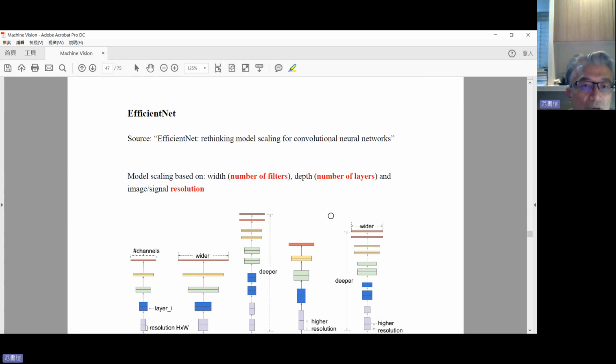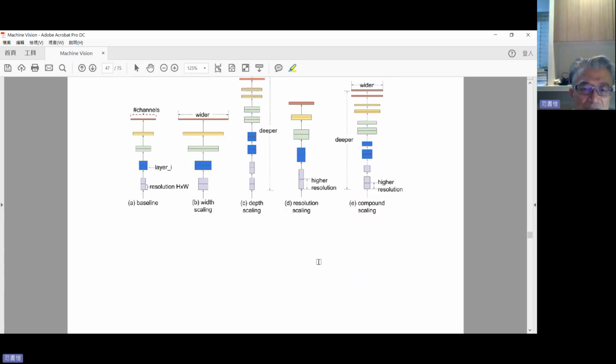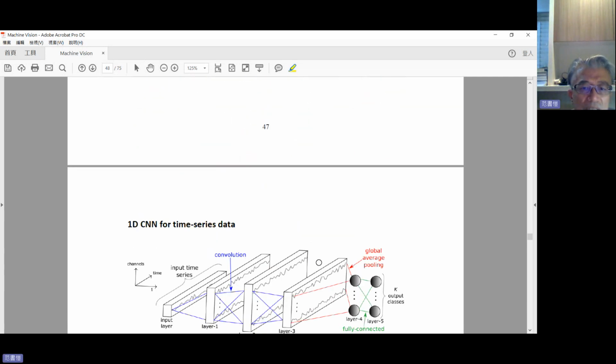So model scaling is based upon the width, the depth, number of layers, number of filters, and the image size and resolution. So baseline, width scaling, depth scaling, resolution scaling, compound scaling. So it's more efficient. Sometimes when I use EfficientNet to solve the wafer map problem, it can provide equivalent competitive performance in classification.